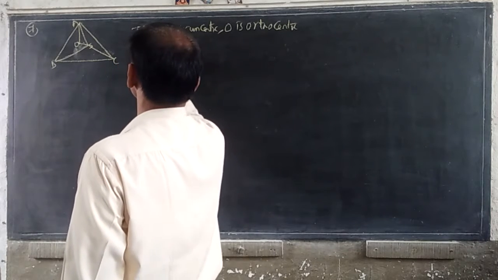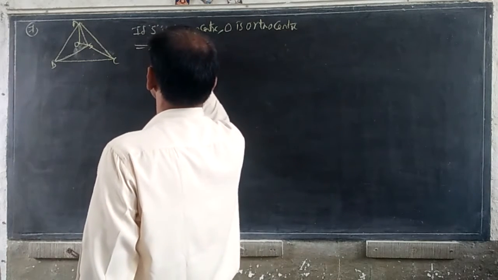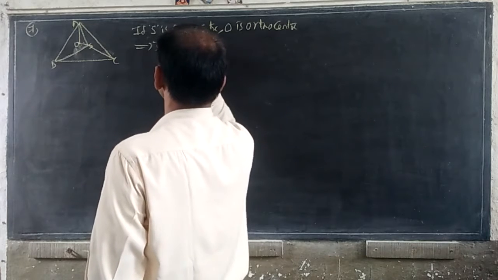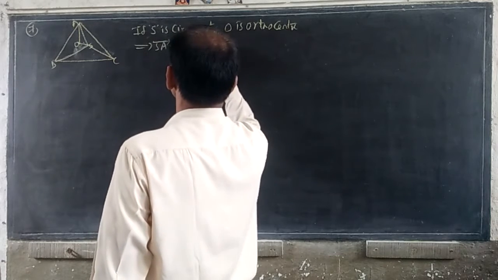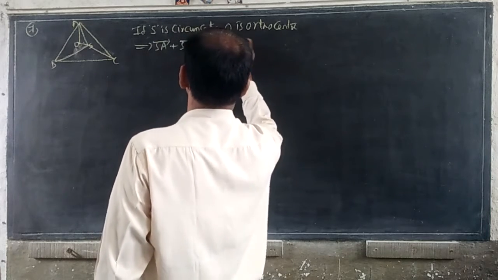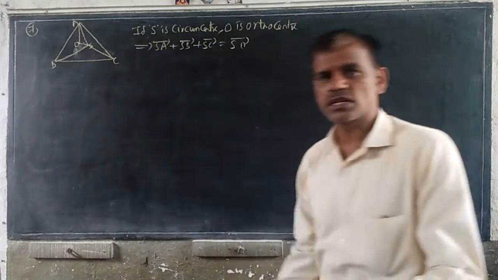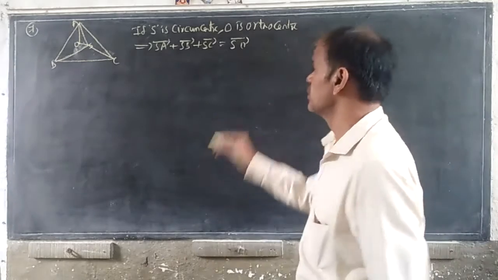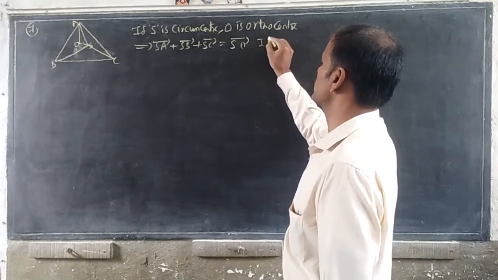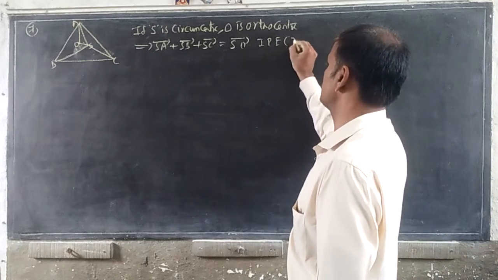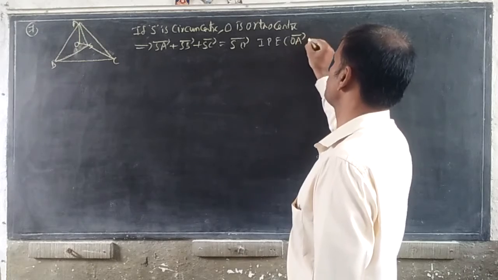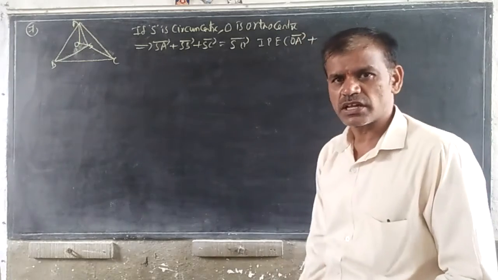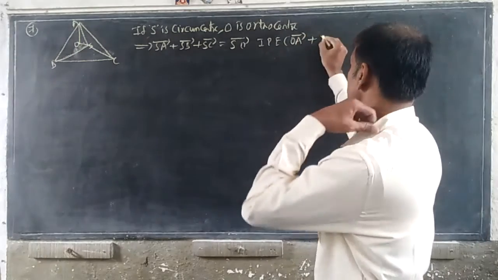That implies, remember the formula, SA plus SB plus SC is equal to SO. We have discussed the proof and we have practiced this sum also in IPE. This is in our mathematics IPE textbook. There they gave O as circumcenter and H as orthocenter.